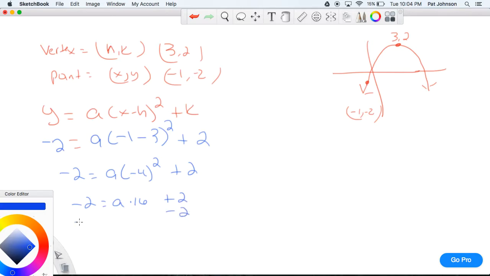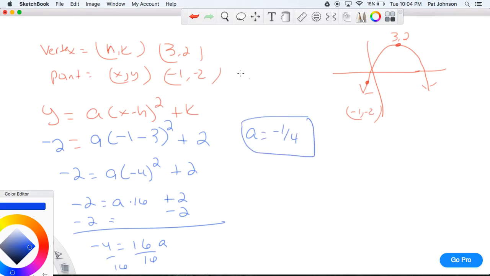I'm going to subtract 2 from both sides, and I get -4 equals 16a. Divide by 16, divide by 16. A equals -1/4. So all I need is a and my h, k to write my equation. So y equals -1/4 times x minus 3 squared plus k. So we see it does open down. Oops, it's 2, not h, it's k, plus 2. So now that's my equation.